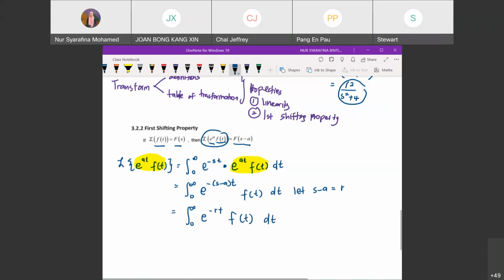As you can see, when you apply the definition, this is the definition. It becomes F(s), right? So if you have here r, then it becomes what?